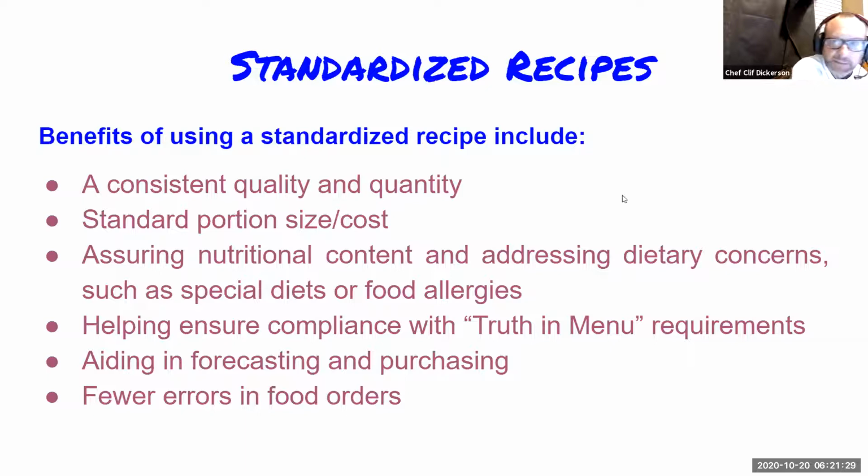A lot of times you can use those interchangeably because they're about the same, but if you call it grouper and it's black drum, you're not being truthful in advertising of what it is.